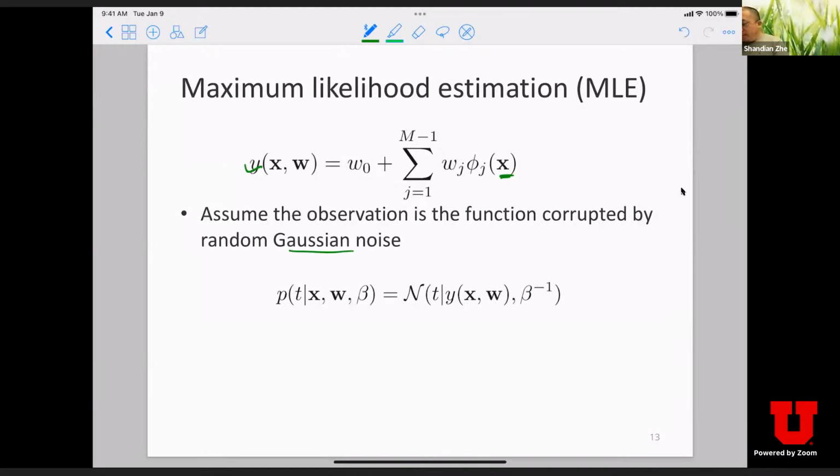So basically, I'm assuming the observation is t, and t is sampled from a Gaussian distribution, where the mean is actually your model function, and then corrupted by some noise with variance beta inverse. This is a very commonly used structure for continuous observations.